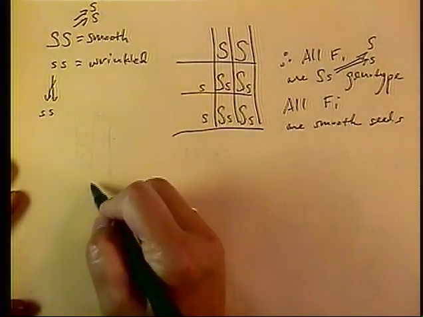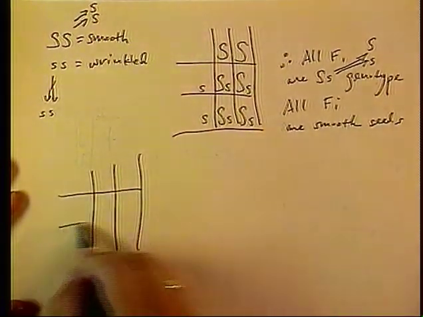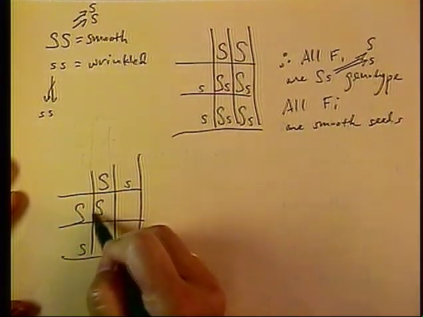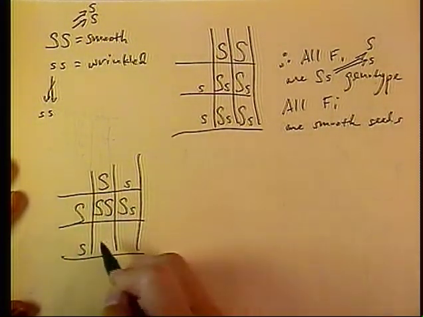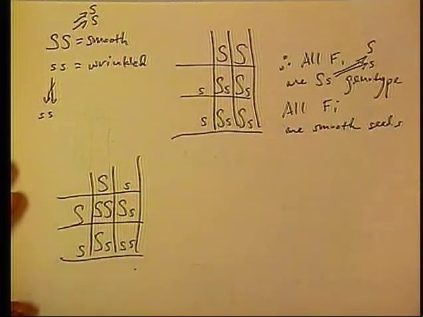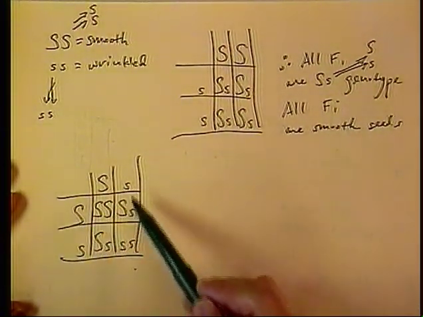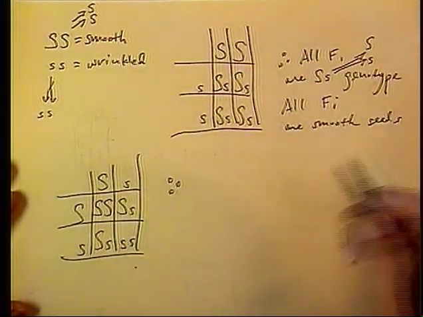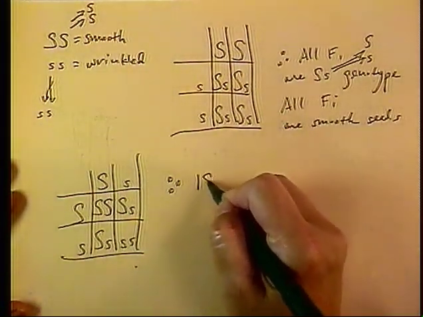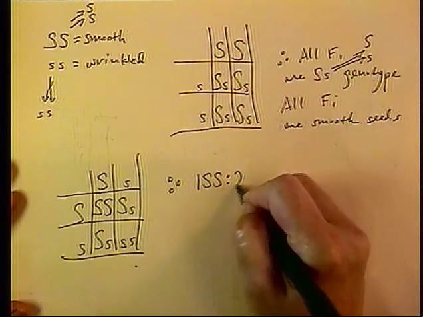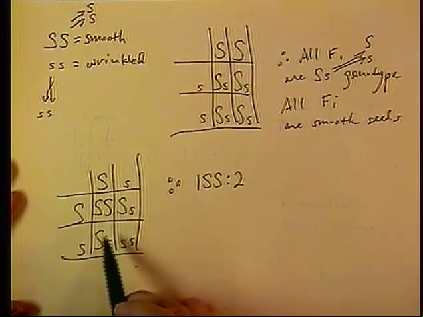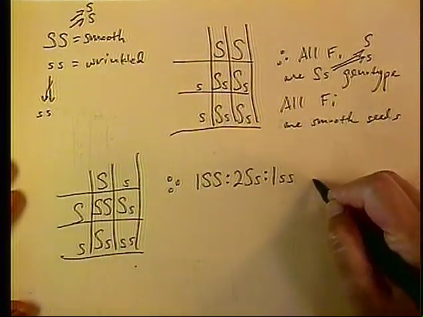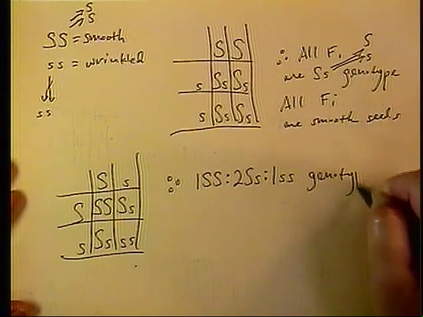Anyway, so we'll set up another Punnett square here. Capital, lowercase. And here's one, here's another, and then here's another. Capital, capital, capital, lowercase, capital, lowercase. Therefore, you have 1 capital S capital S to 2 capital S lowercase s to 1 lowercase s, and that is your genotypic ratio, the genetic makeup.